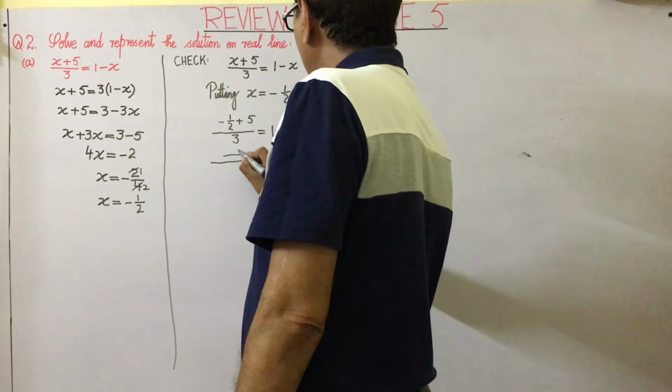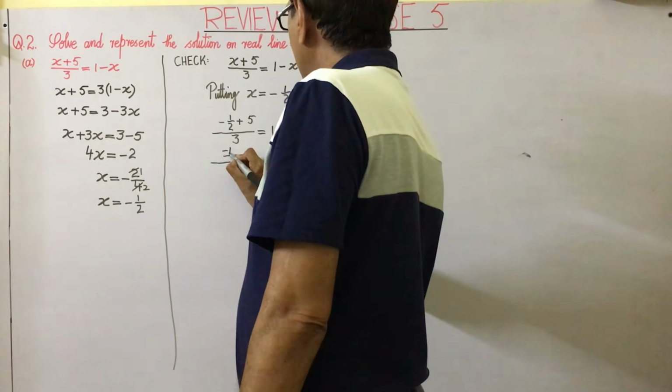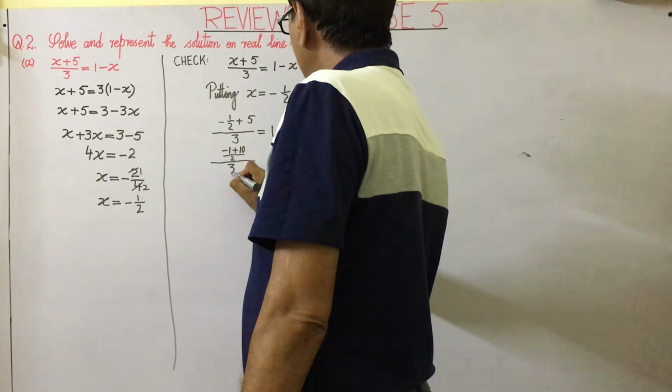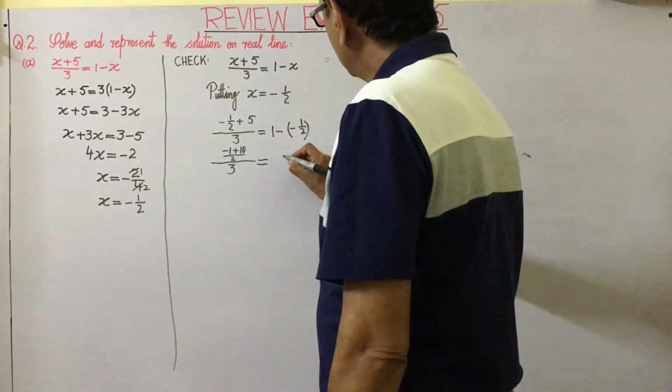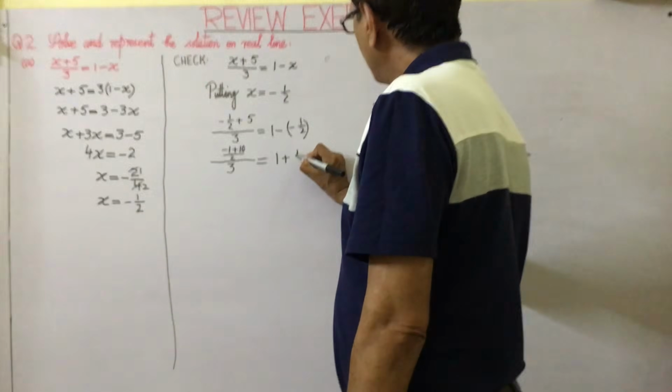LCM of the numerator 2: minus 1, 5 twos are 10, over 3 is equal to, minus into minus is plus, 1 by 2.